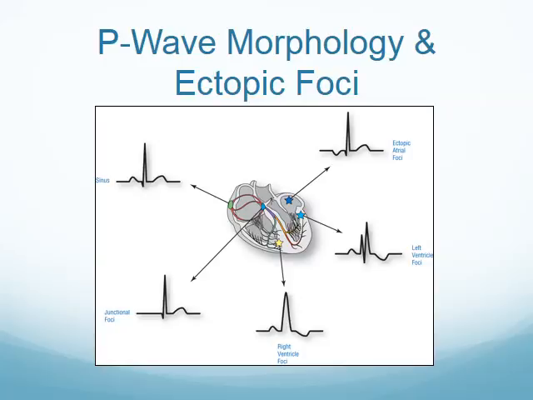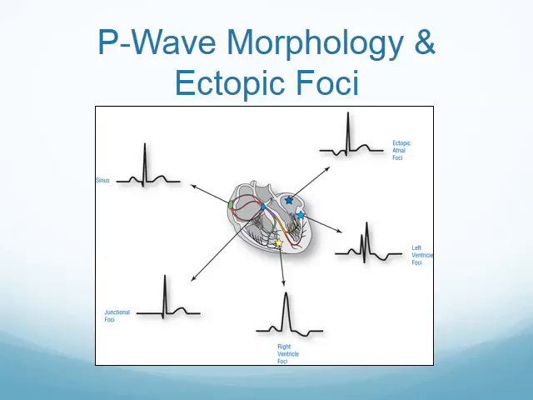Here we have an example of a junctional focus causing the beat. Sometimes you'll see the P wave still if the junctional focus provides the stimulus, because it retrograde depolarizes the atria, so they depolarize backwards, and that could be represented by a negative deflection on the EKG that's really close to the QRS complex.